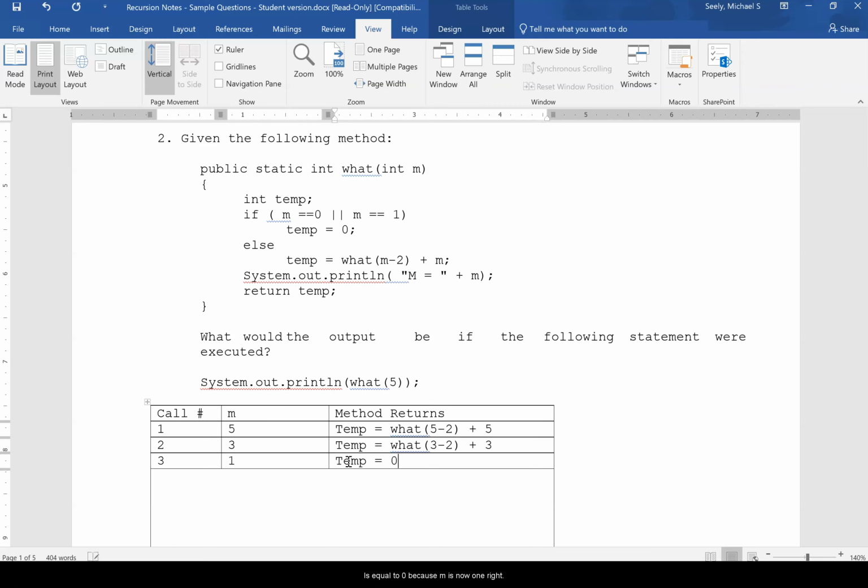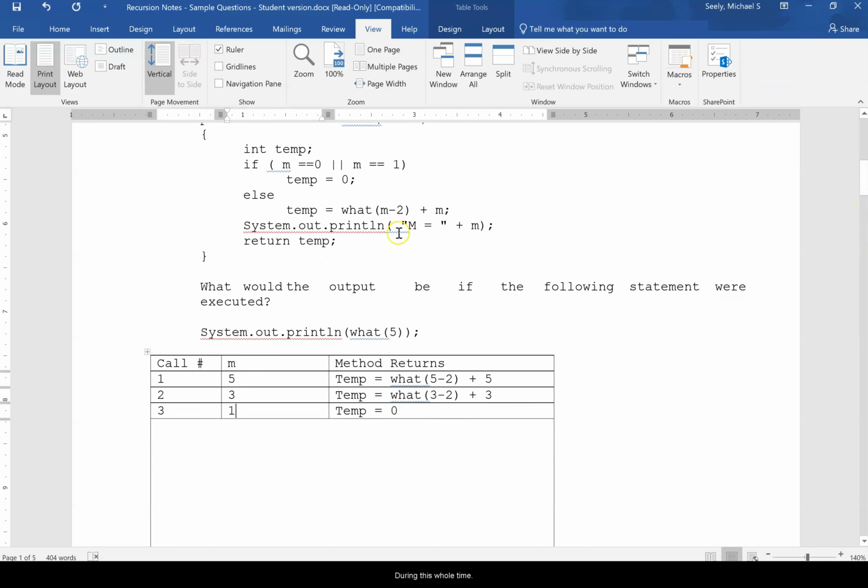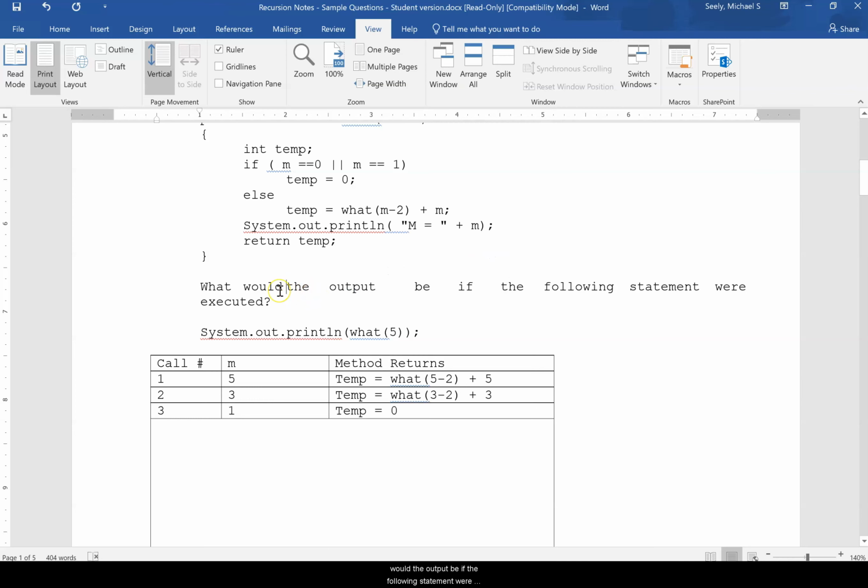And then temp is equal to 0 because m is now 1, right? So during this whole time, m is equal to something. So we've got to pop back up the stack and see what it prints. Now it says, what would the output be if the following statement were executed?